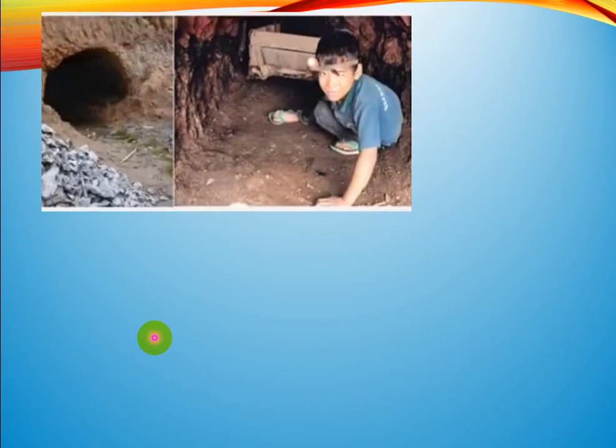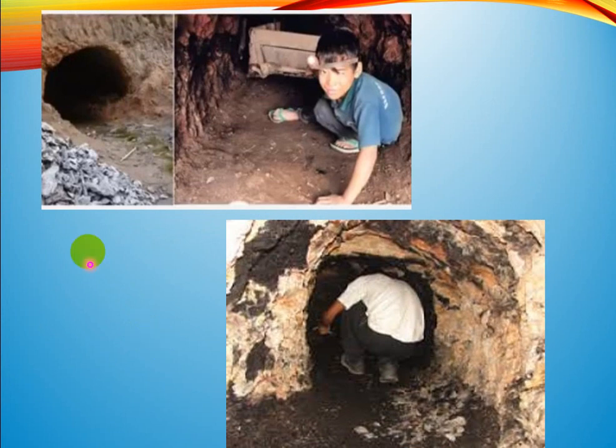Now let us move. Just see the picture. You can see a small tunnel-like structure, and beside this you can see the picture of the coal is there, and you can see this person. It's basically Mongoloid. The Mongoloid people is there to move into this. The person is moving into this tunnel and doing some work.